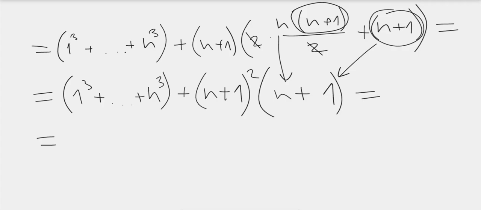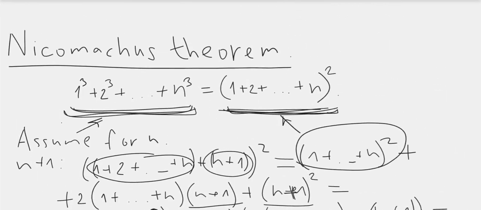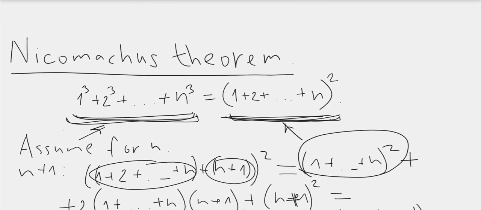So we can even remove the brackets. It's 1 cubed plus and so on plus n cubed plus n plus 1 cubed. And this is exactly what we needed. This is the left hand side of the original identity for n plus 1.